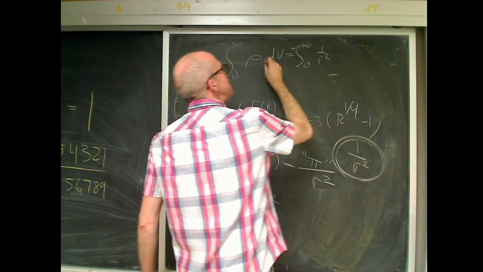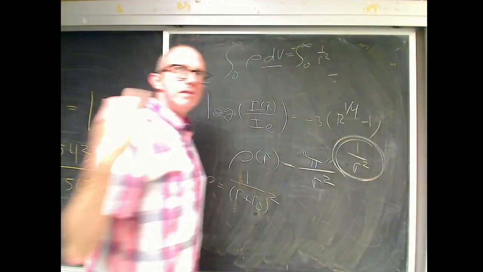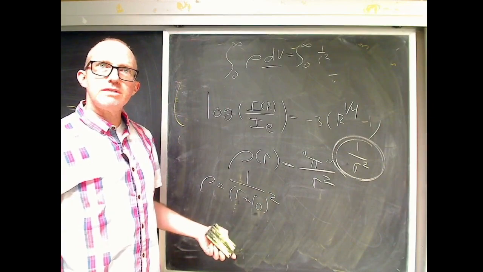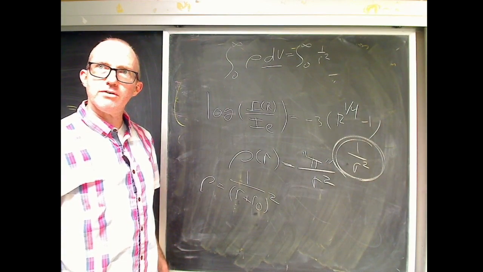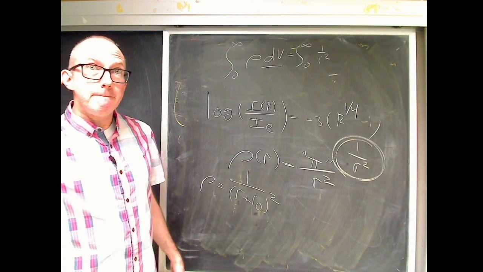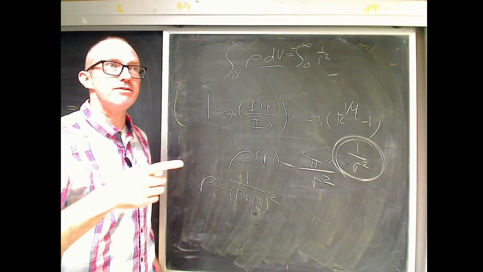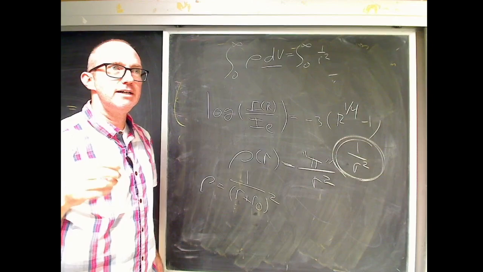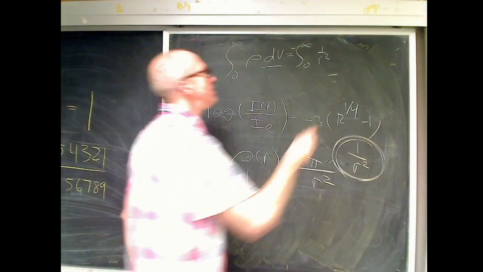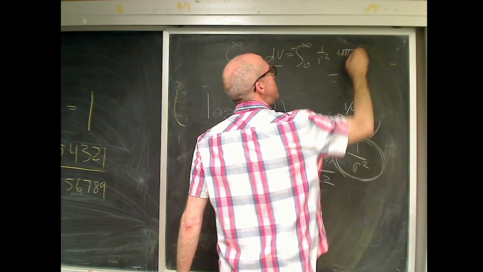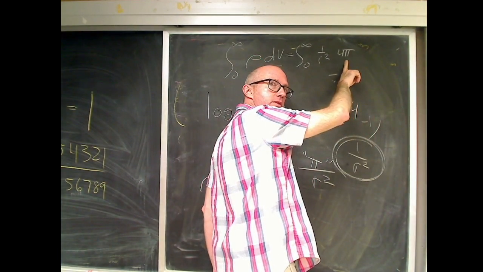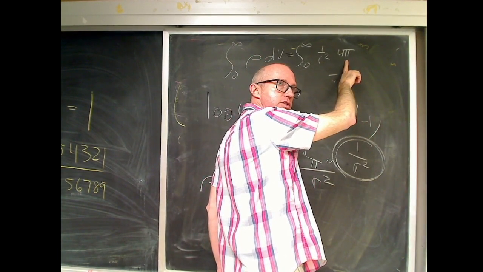1 over r squared. What's dV? Let's say that r is the only quantity that I care about. What's the volume element in my integral? Almost. That's after you do the integral. Oh, 4 pi r squared. 4 pi comes from the solid angle, so this is in steradians.